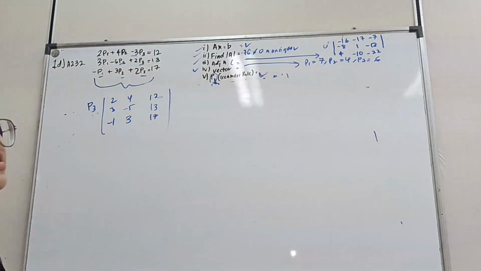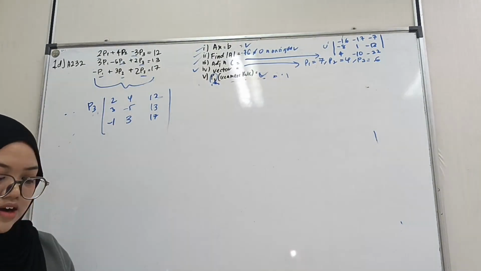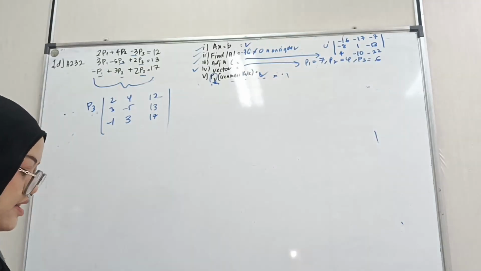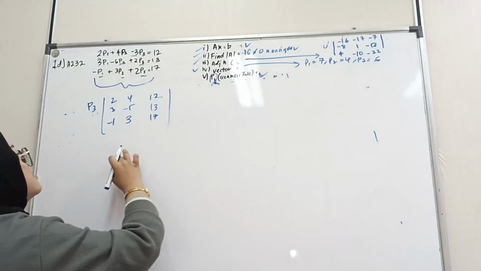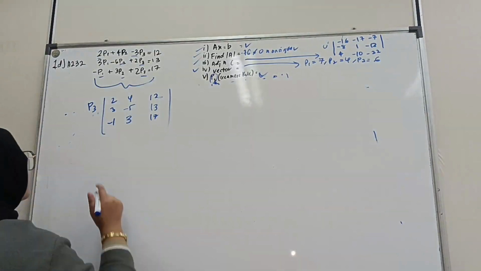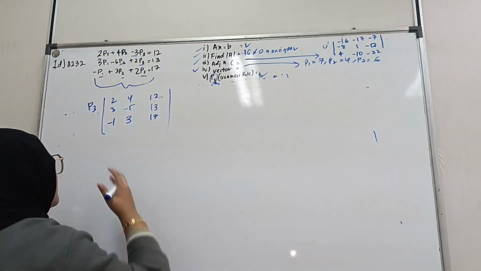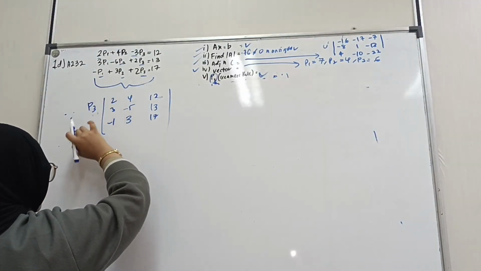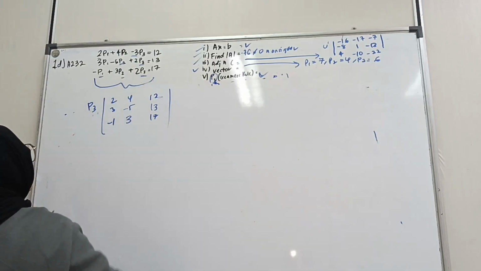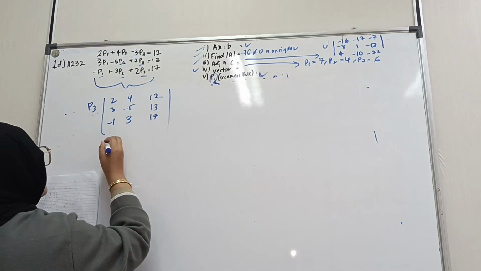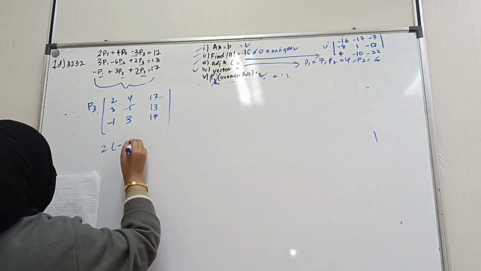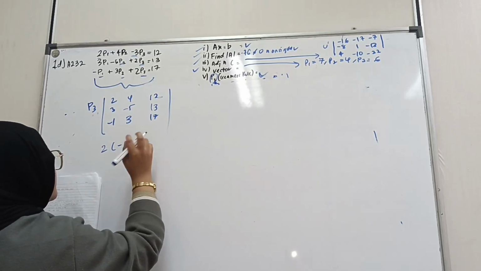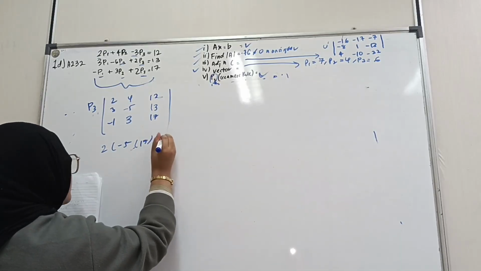Right here, how are we going to calculate it? We calculate it just like the adjoint B. It's the first row, the cross line, so we get different numbers.